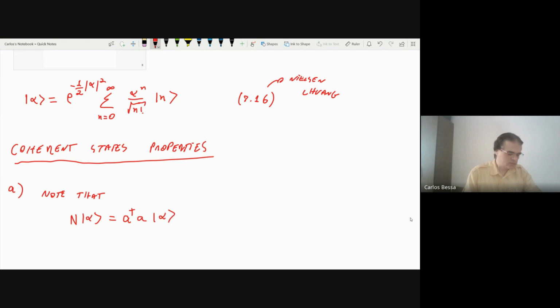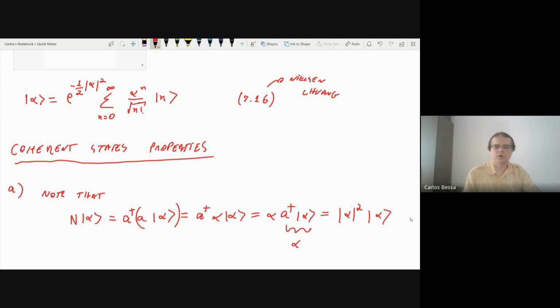Applying a to alpha, as we saw last time, gives just alpha times alpha, a complex number. So alpha can come out, leaving a dagger alpha, which gives the modulus squared of alpha.